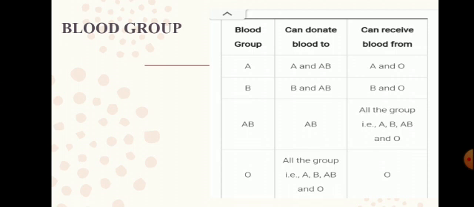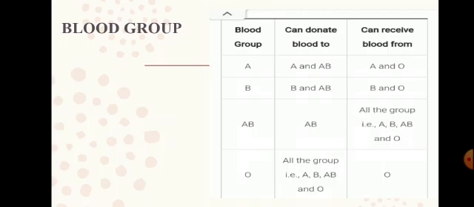You see the slide of blood groups, who can donate blood to, or who can receive blood from. Blood group A can donate to A and AB. A group can receive blood from A and O group.